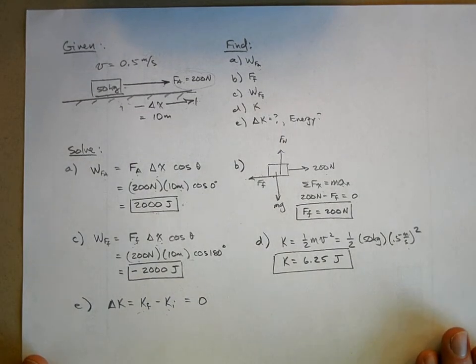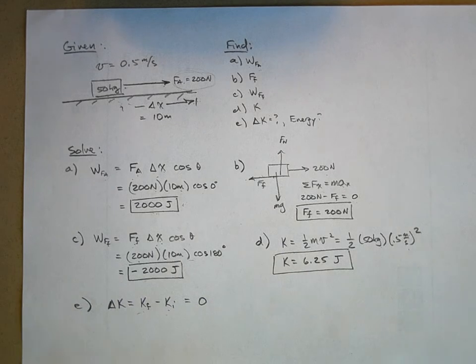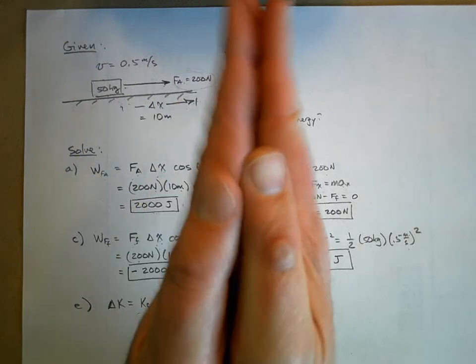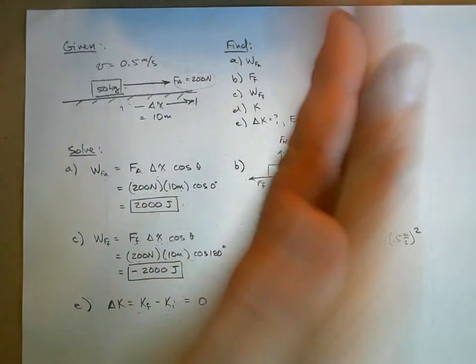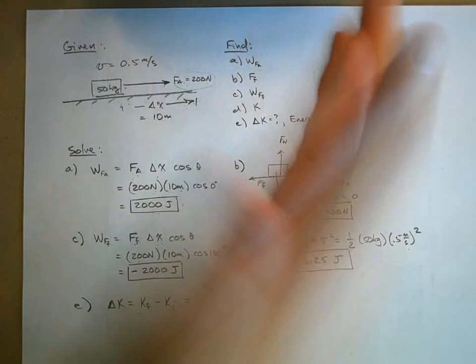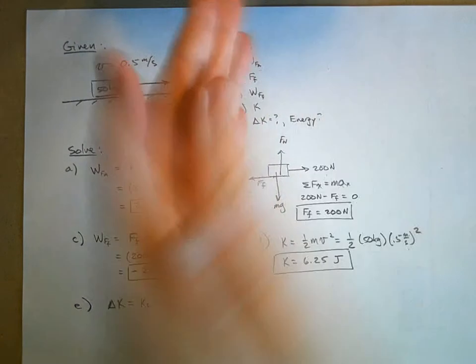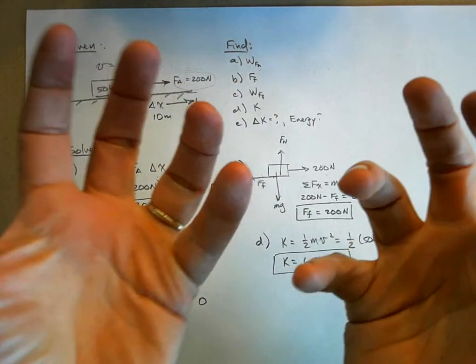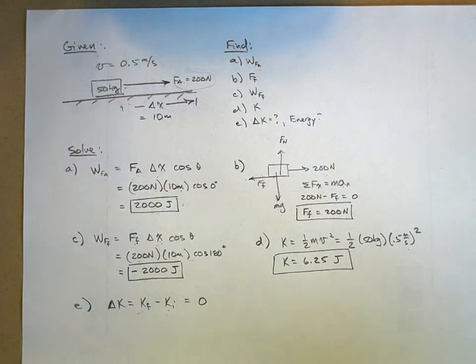Friction takes energy and transfers it into the environment and makes all the atoms around it wiggle a little faster. If you take your hands and rub them together, friction, what happens to your hands after a while? Why do you rub your hands together on a chilly February morning? To warm them up. That's where the energy went.